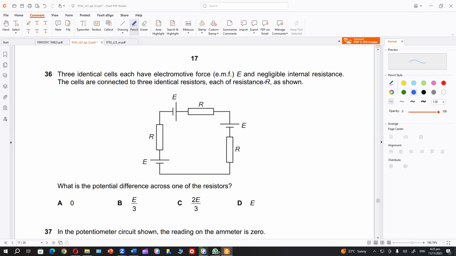So this is plus, this is minus, this is plus, this is minus. This is a tricky question because it's a loop. It's Kirchhoff's second law.